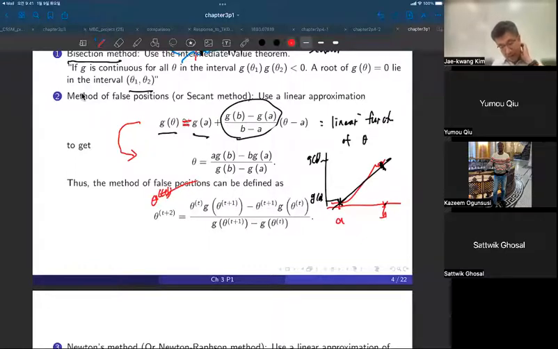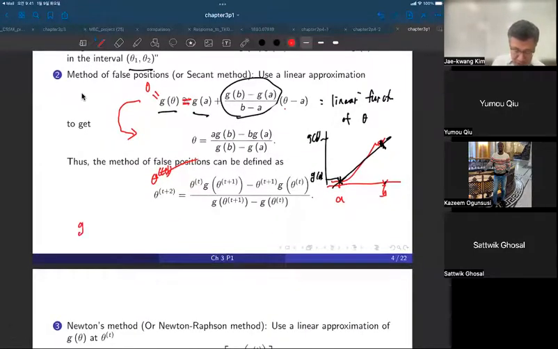So let's set it to 0. G(A) plus (zeta minus A) times (G(B) minus G(A)) divided by (B minus A) equals 0.